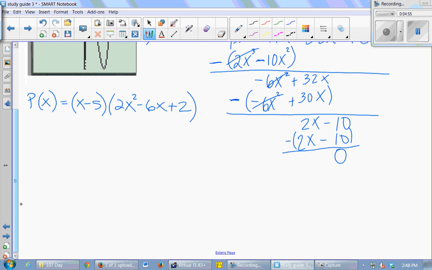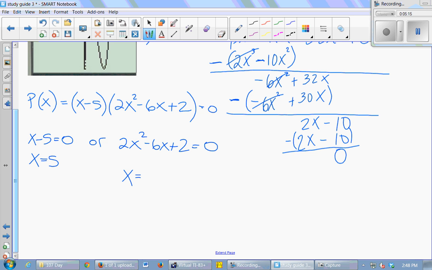If I want to set this equal to 0 and solve it, either x minus 5 equals 0, which I already know means x equals 5, or 2x squared minus 6x plus 2 equals 0, and I would solve this using the quadratic formula.